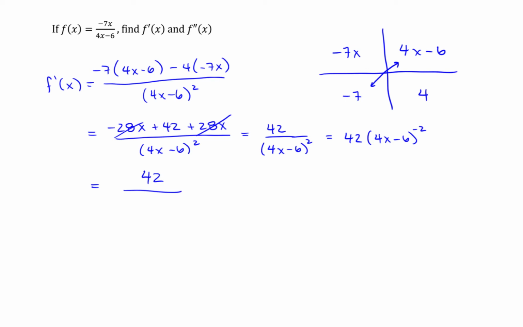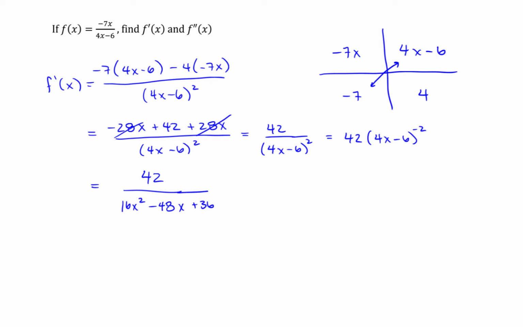So this would be 16x squared, so the square of the first, plus 2 times the first times the second. So this is 24, so negative 48x plus 36. Okay.